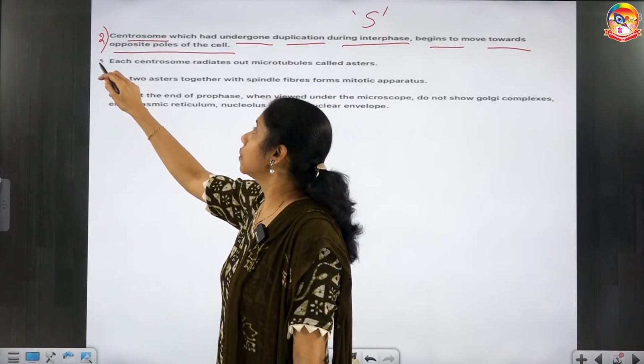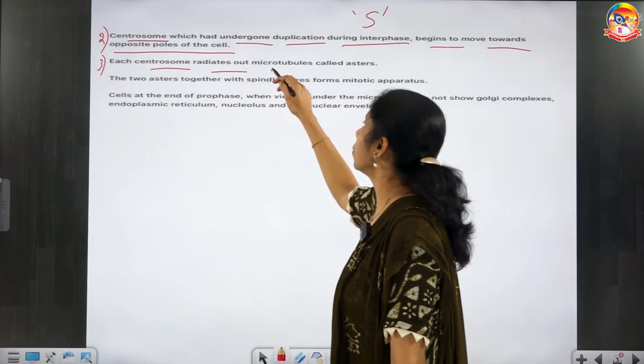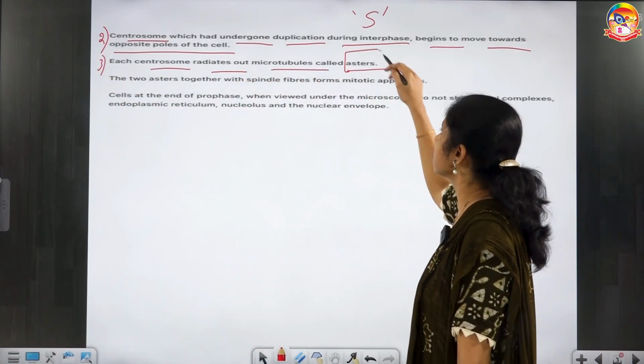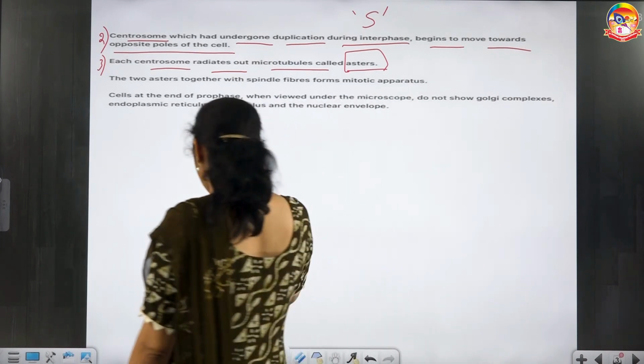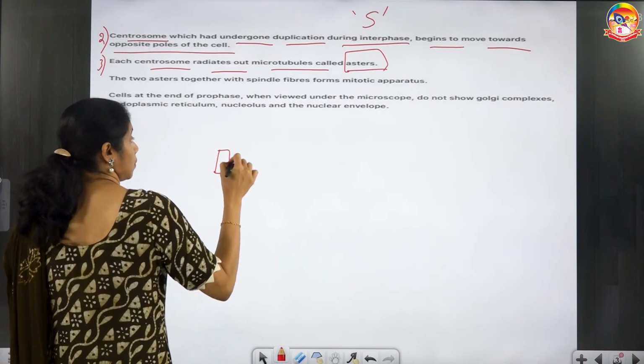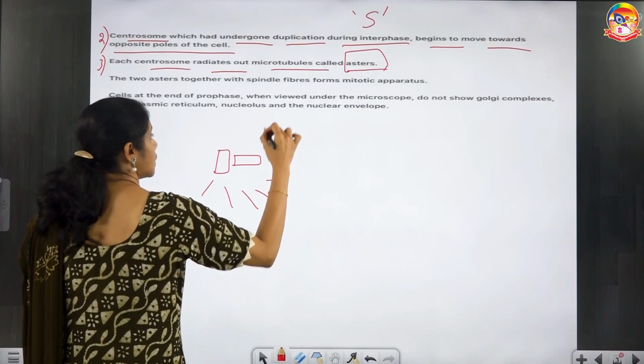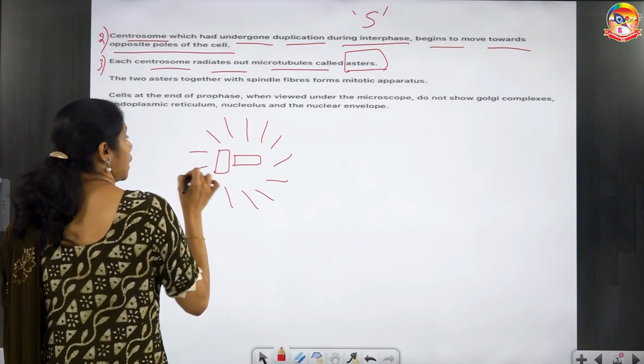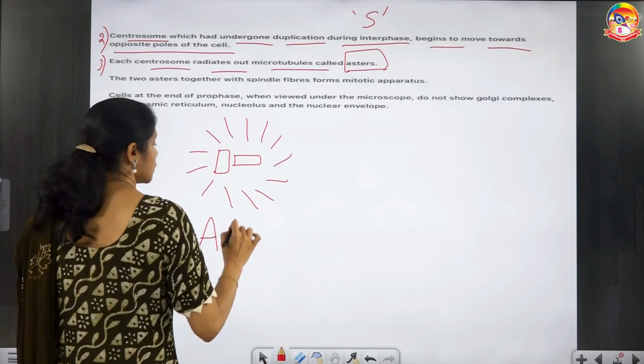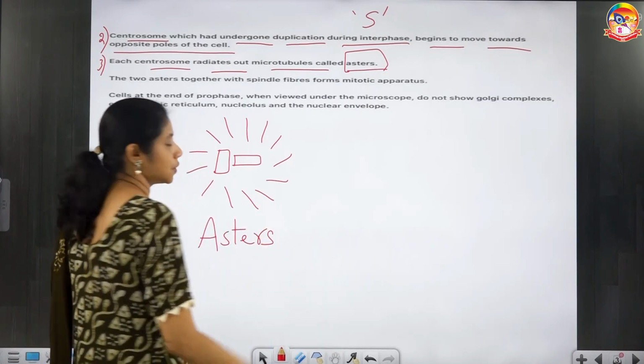The third event: each centrosome radiates out microtubules called asters. Each centrosome has two centrioles, and they start radiating out microtubules that look like star-shaped structures. These are called asters.